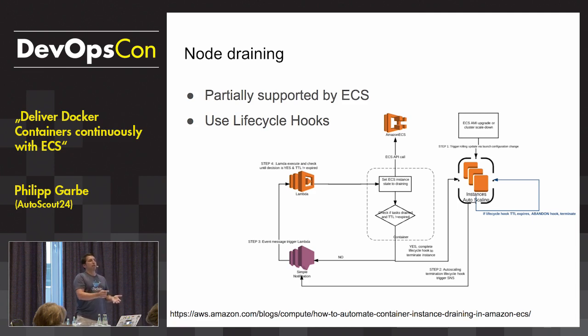You wait until all the tasks are placed on other nodes. And then you say, okay, please, autoscaling group, you can continue with the termination, and it releases that lifecycle hook, and the autoscaling group then continues and terminates that instance. It's not a big deal, but unfortunately, you have to do that by yourself. So it's not built in. I hope that they do that at some point.